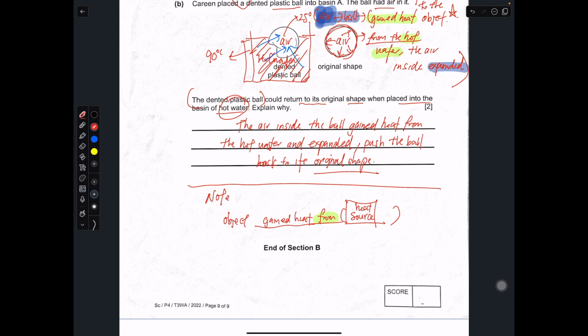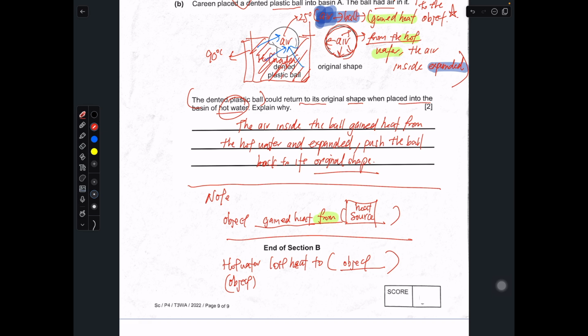And for lose heat, let's say you want to talk about an object that loses heat. In this case, it will be the hot water. Hot water lose heat to another object. Hot water lose heat to the air inside the ping pong ball.